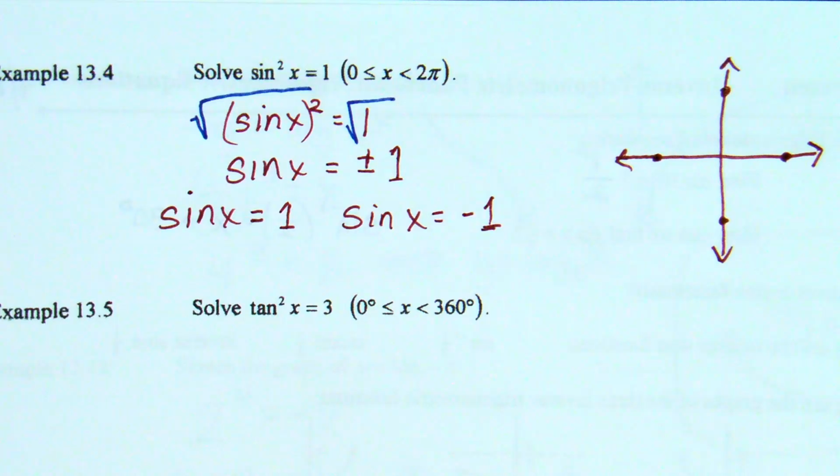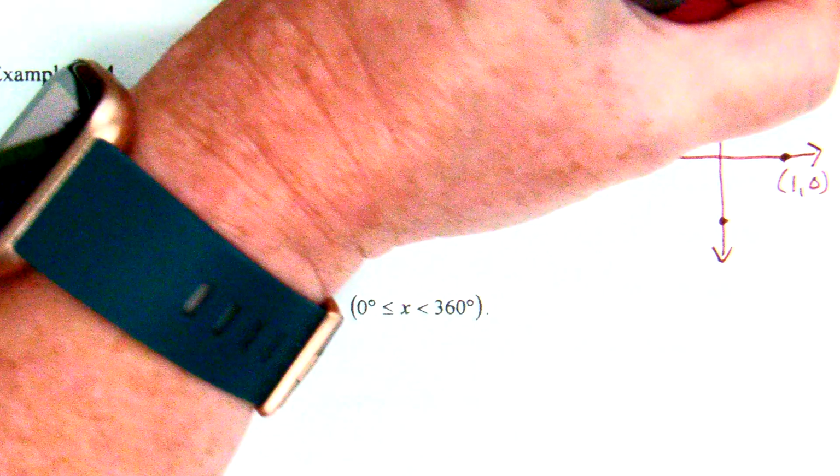Think about there being a point on each axis, and that point is 1 out from the center. If I go 1 right, 0 up or down, that is the ordered pair 1, 0. If I go 1 up, but I did not go left or right, that is 0, 1. 1 left is negative 1, 0. And then 1 down is 0, negative 1.